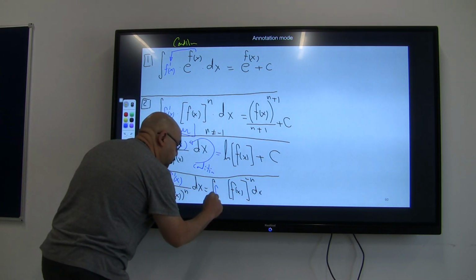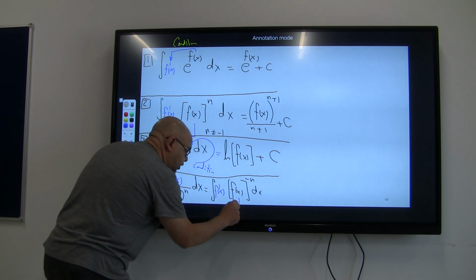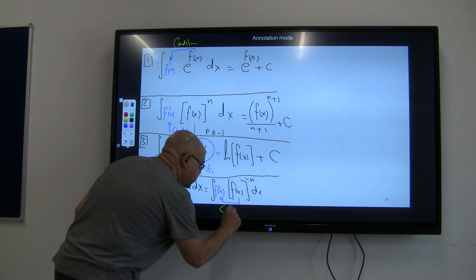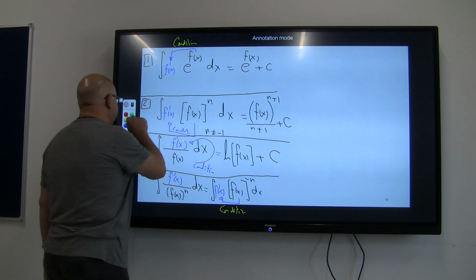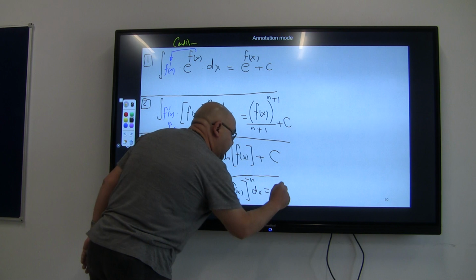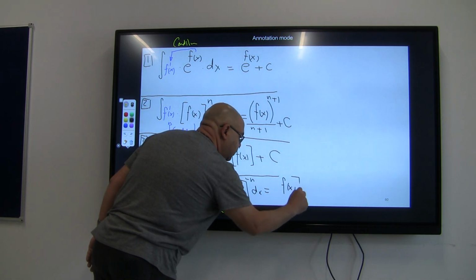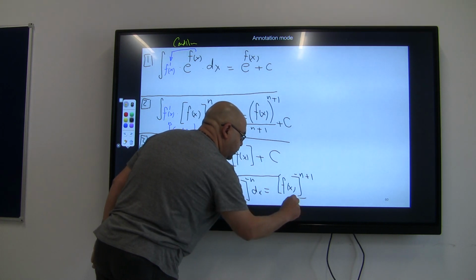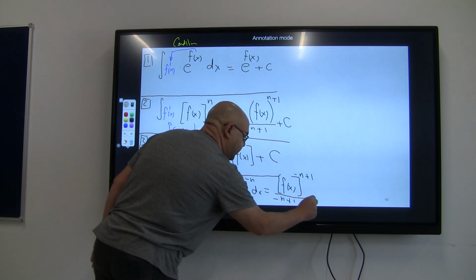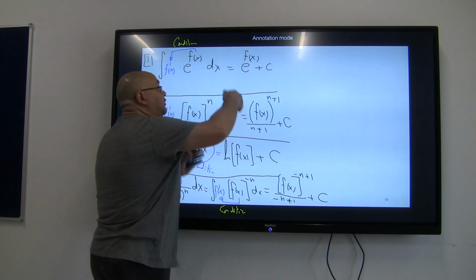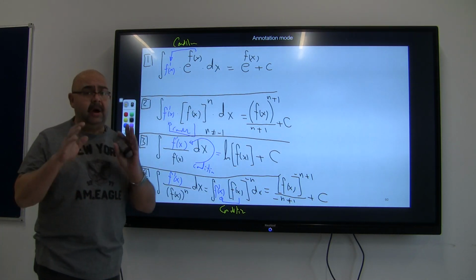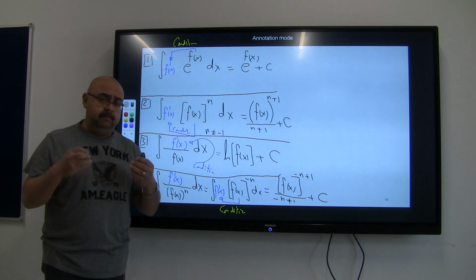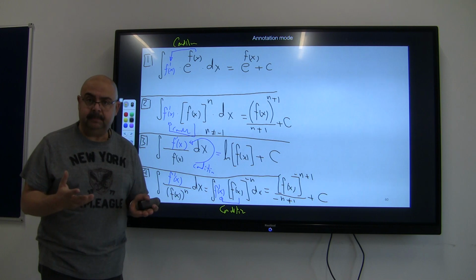Then I will have to be sure that the derivative of the function inside the bracket already exists. That's a condition. Then the integration will be simply f of x to a power of negative n plus 1 divided by the new power, which is negative n plus 1, plus a constant. Following these rules will help you out a lot in your successful treatment of most of the indefinite integral problems.